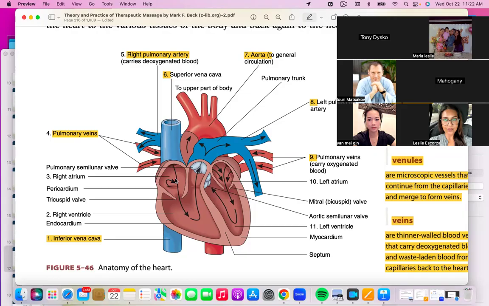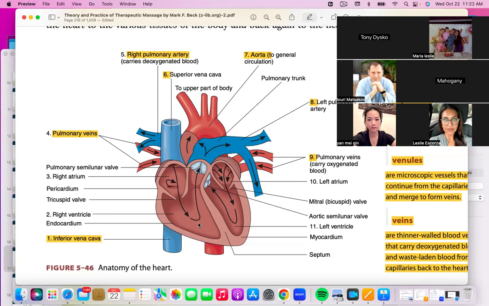2, from the right atrium, the venous flow passes through the tricuspid valve into the right ventricle. So it's going to pass through the tricuspid valve, this one, and then into the ventricle. So that's step number 2.